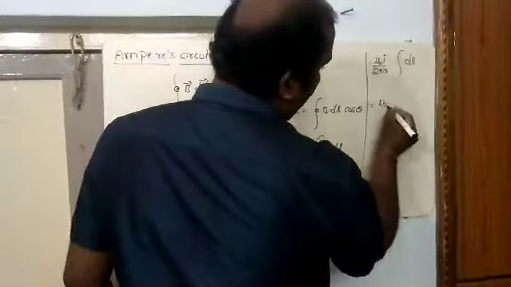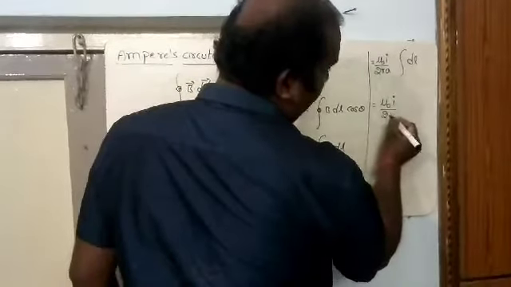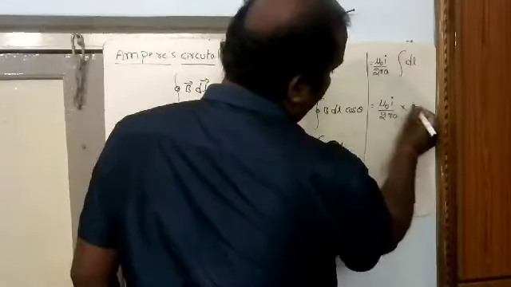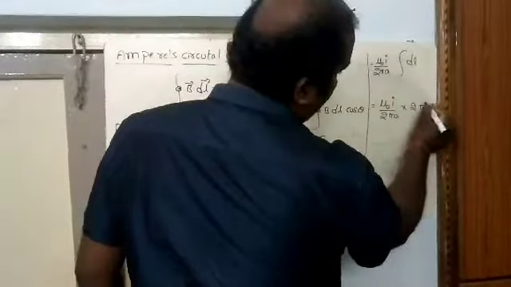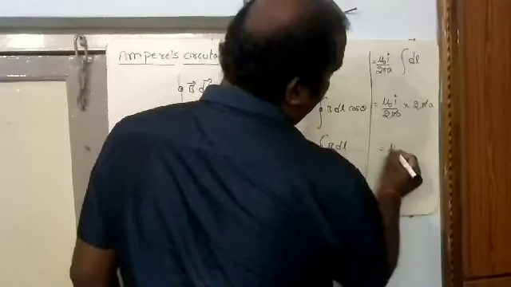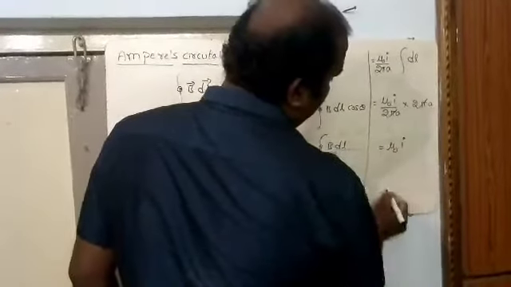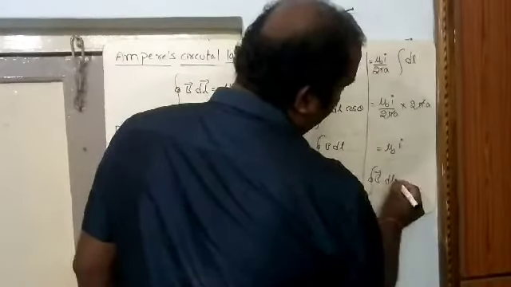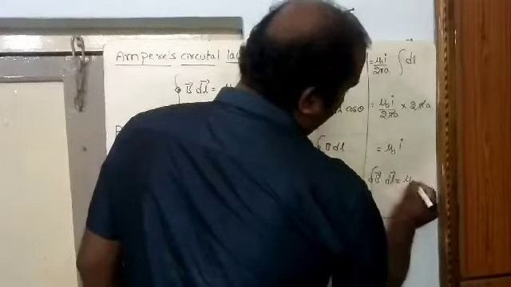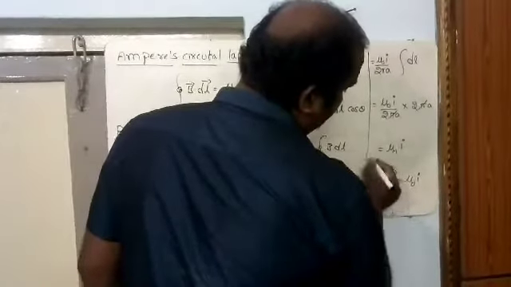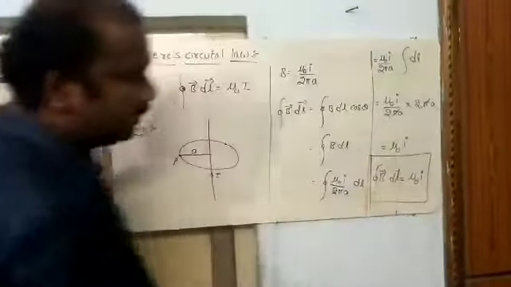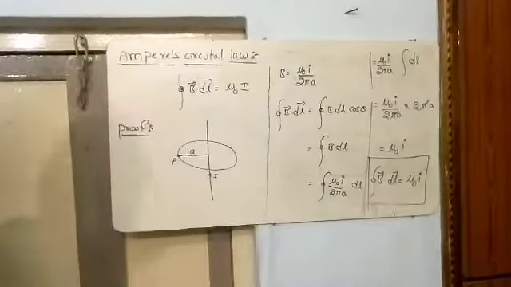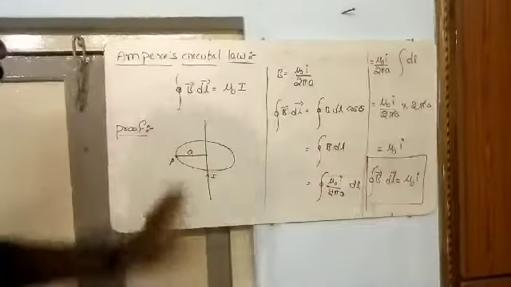That is mu naught I by 2 pi a into 2 pi a, this 2 pi a cancels. So finally I got mu naught I. So finally integral B bar dot dl bar is equal to mu naught times the net current passing through any closed surface. So once again, all of you see the statement and proof.